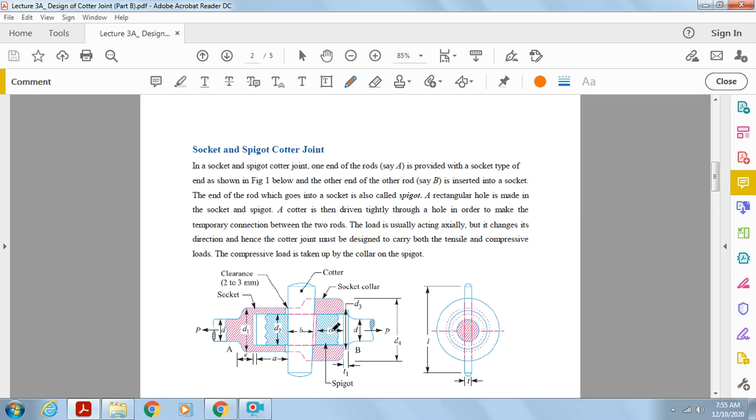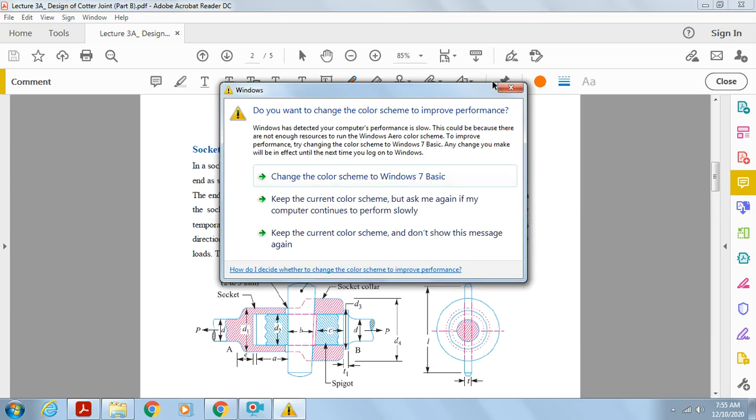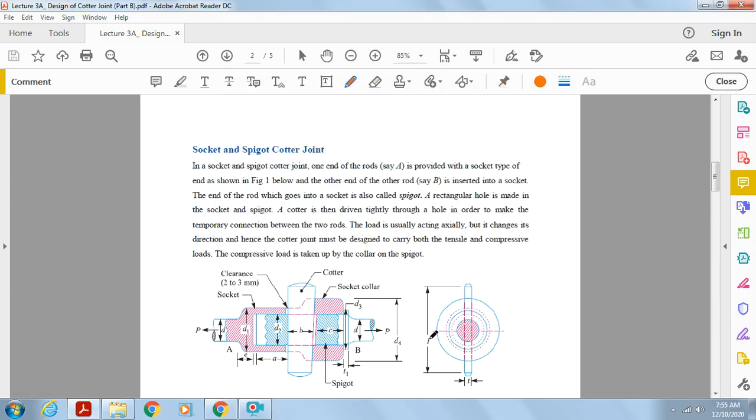The cotter is then tightly put through those rectangular holes in order to make the temporary connection between these two rods. But one thing we have to remember: the load applied, P, may be a tensile type of load or maybe a compressive type of load.